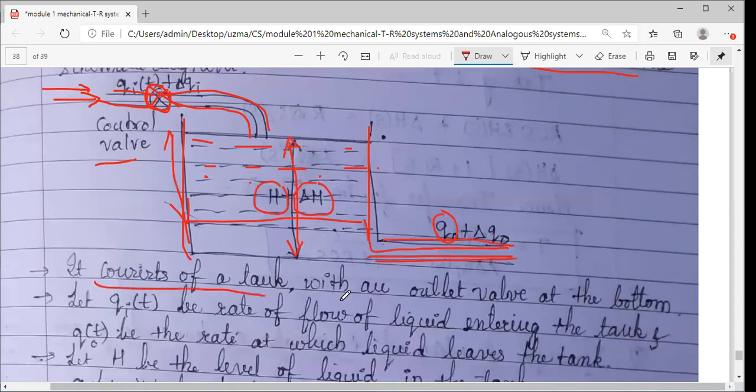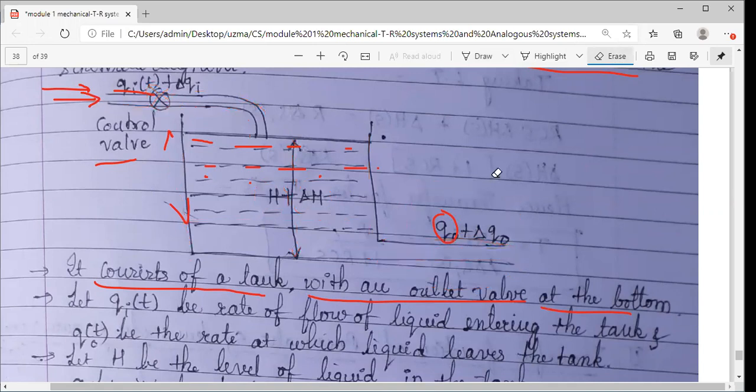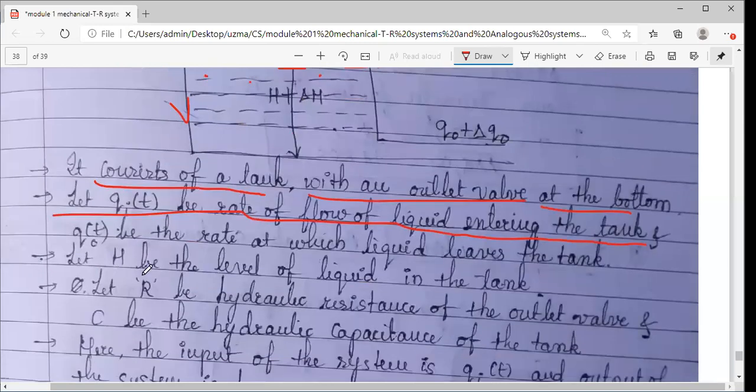It consists of a tank with an outlet valve at the bottom. यहाँ पे, this is the outlet. Let Qi of t indicates the rate of flow of liquid entering into the tank. ये input हो जाएगा आपका. Let Q naught is the rate at which the liquid leaves the tank. ये output हो जाएगा.